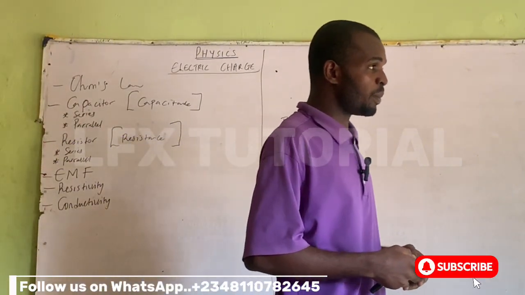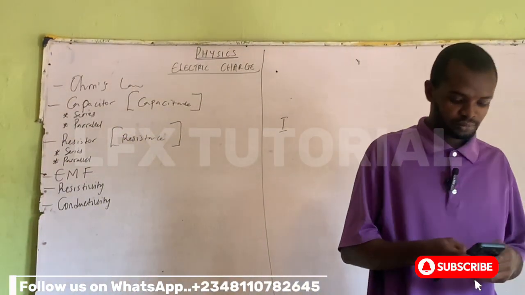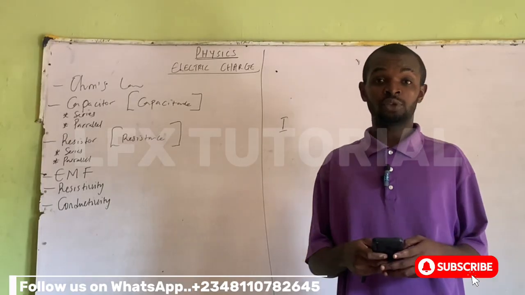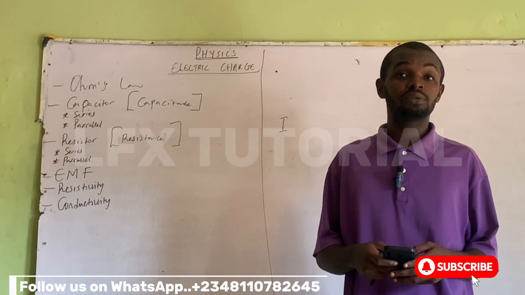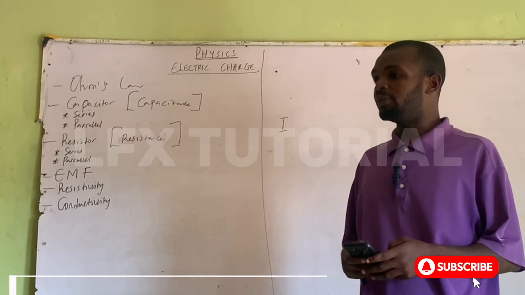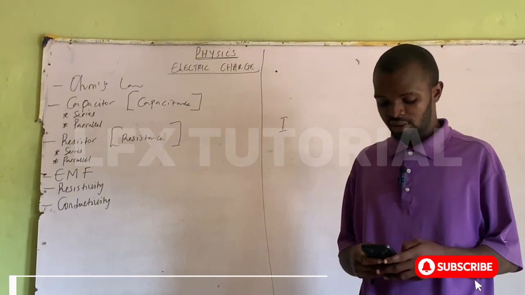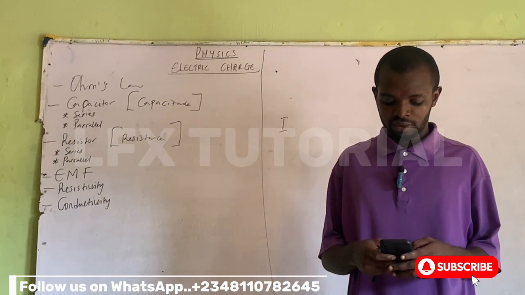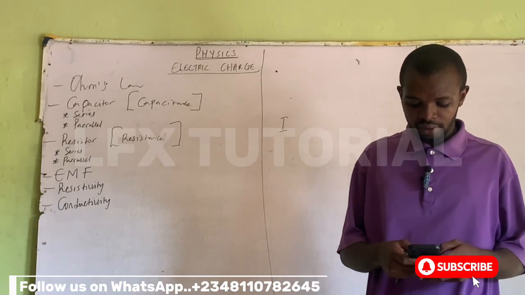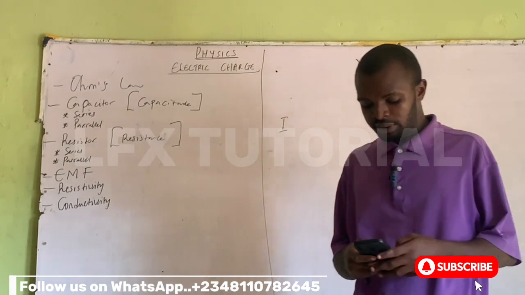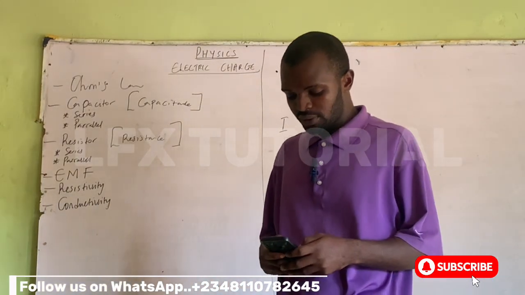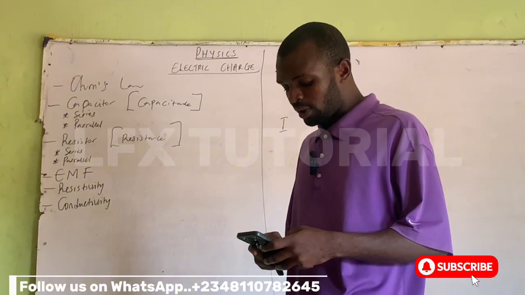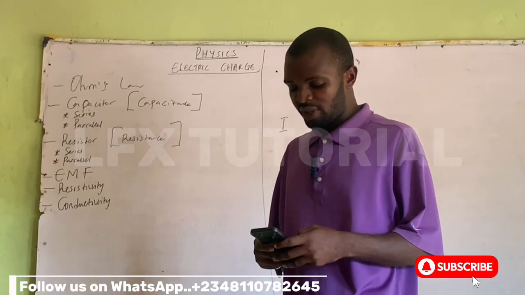is directly proportional to the potential difference, comma, V, across its ends or terminals.